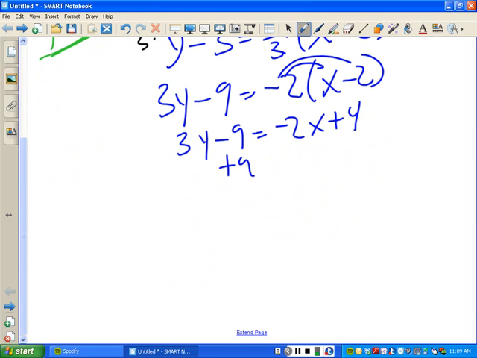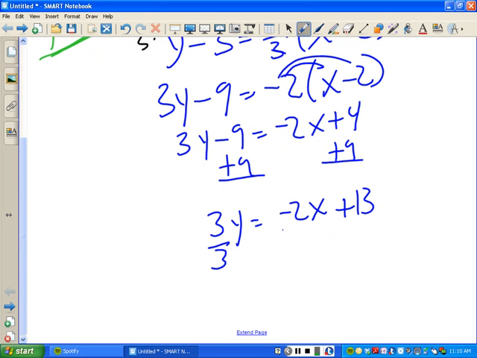Add 9: 3y equals negative 2x plus 13. Divide by 3, divide by 3, divide by 3. y equals negative 2/3 x plus 13/3.